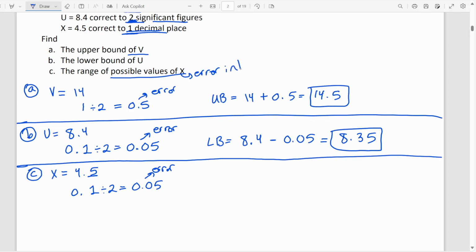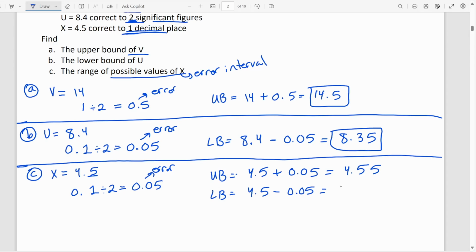Okay. And now, to find the range of possible values of x, basically we want the error interval. In order to find the error interval, we want to find the upper bound and the lower bound. I'm going to go ahead and find the upper bound, which is 4.5 plus 0.05, which is equal to 4.55. And the lower bound is 4.5 minus 0.05, which is equal to 4.45.